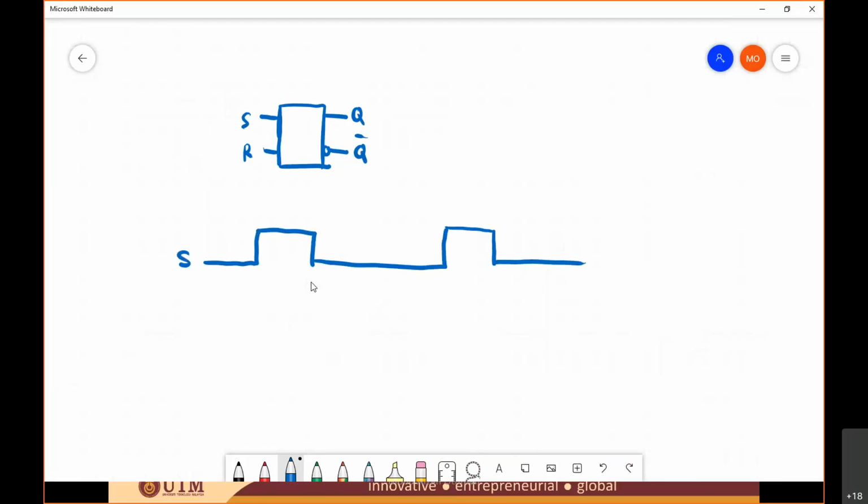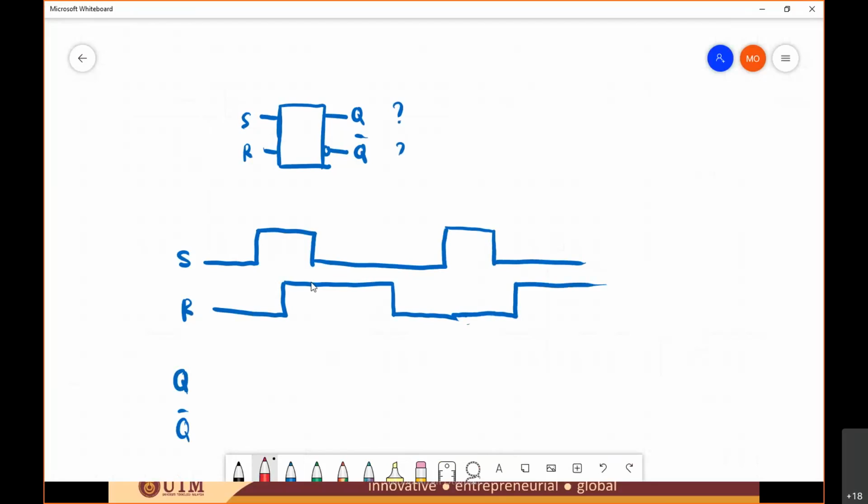This is your input S and this is your input R. Now you're going to find out the timing diagram of your Q and Q bar.